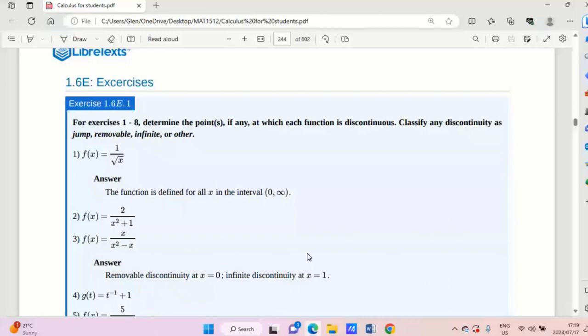Okay, this one, function of x is equal to 1 over root of x. Now it's a continuation of our homework. Do we agree? Yes, I agree. Now my question is, do you agree with this answer in number 1? Yes, I agree. Theo, Lerato, do you agree?